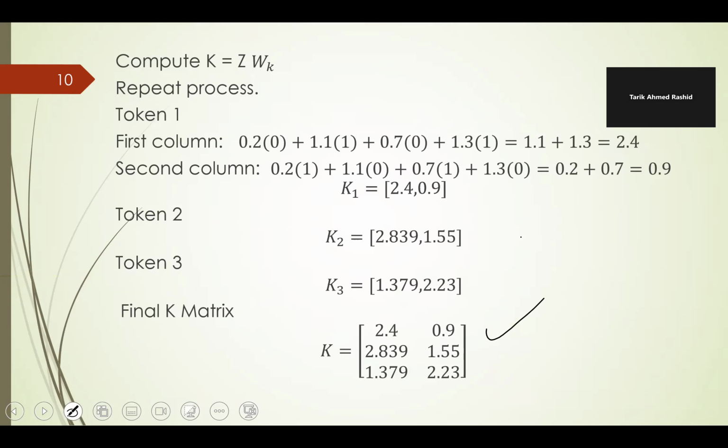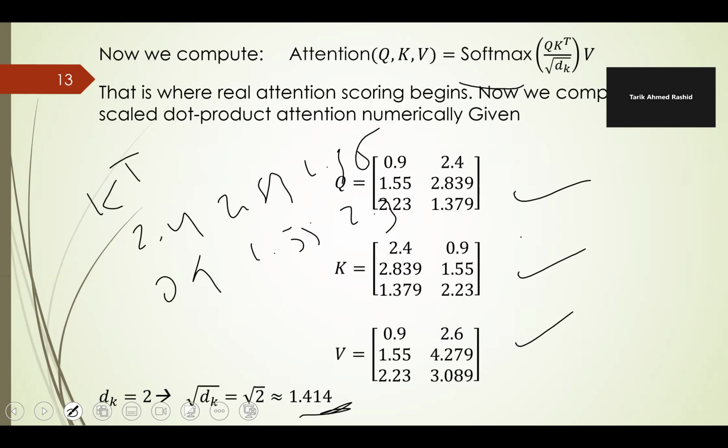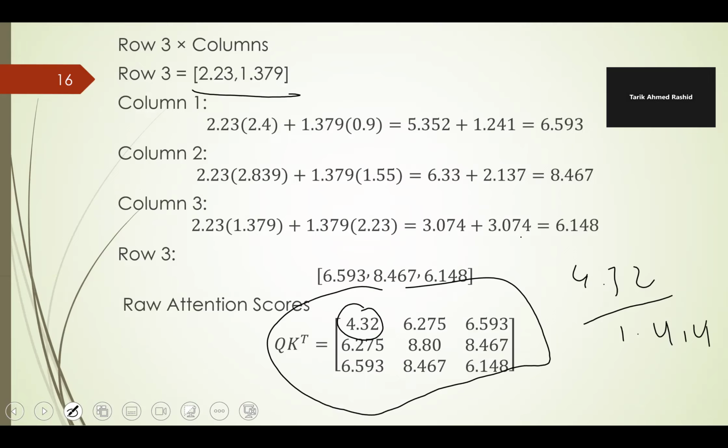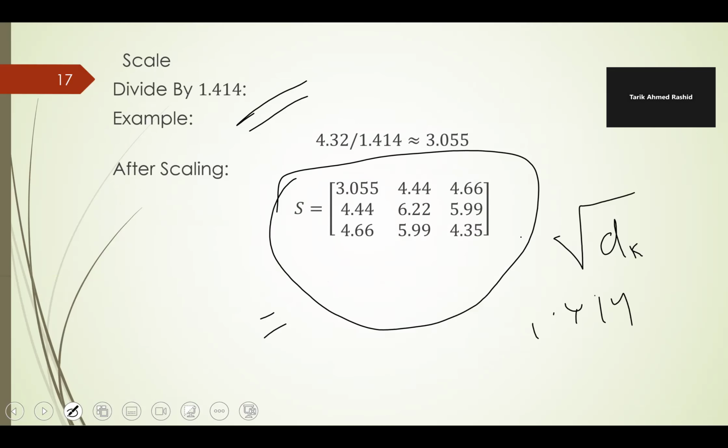Here we found V, we found dk, and then the QK transpose result, and now the scaling. So this has to be softmaxed right now.